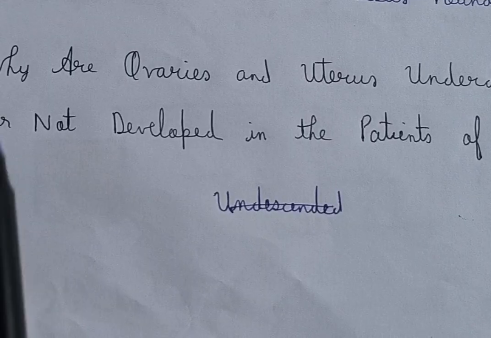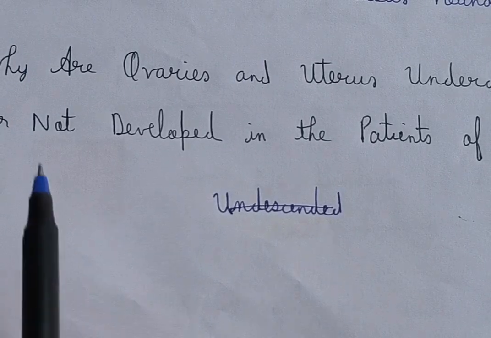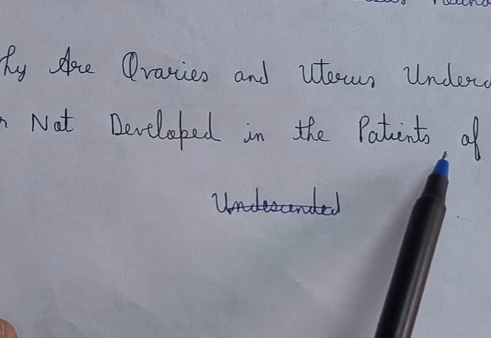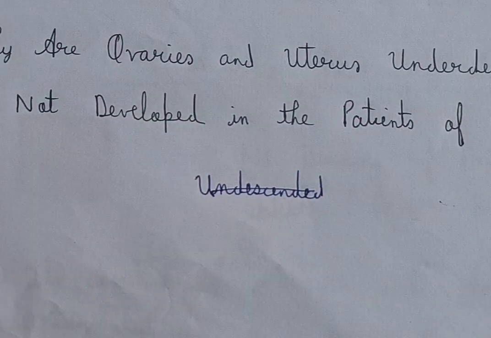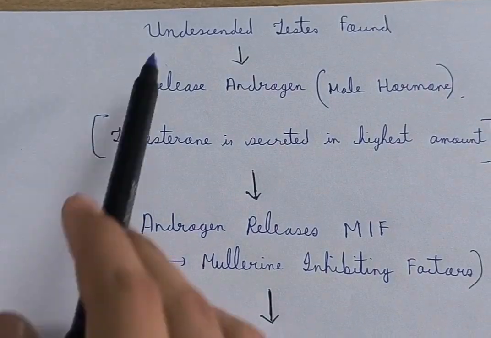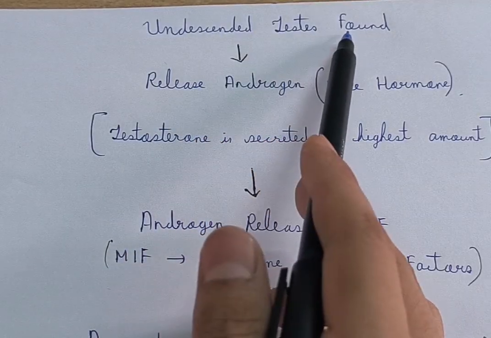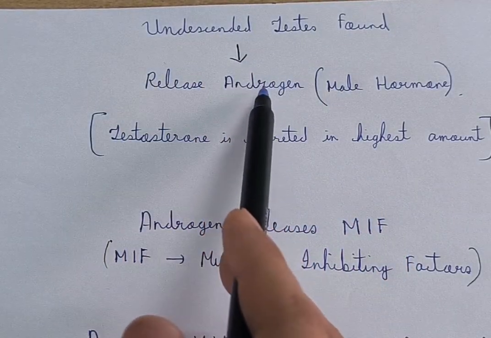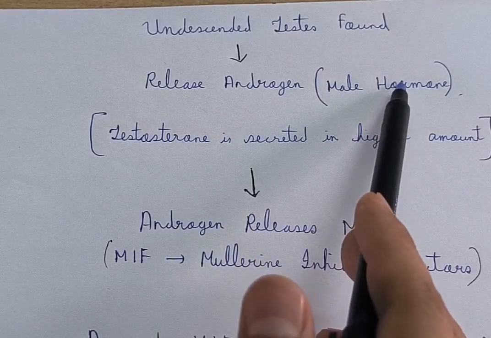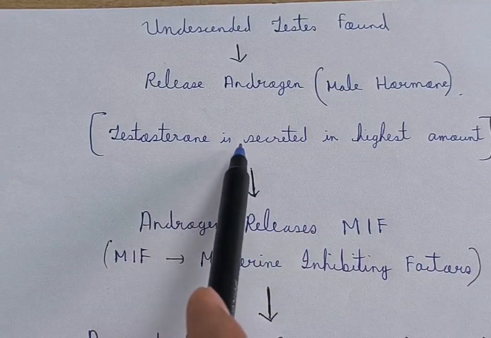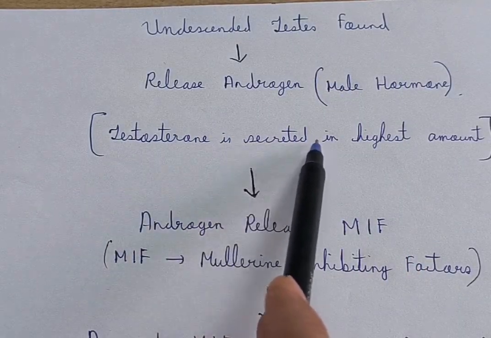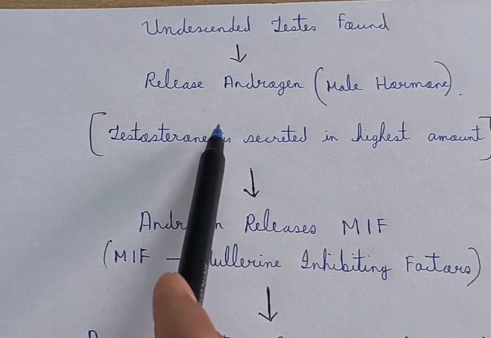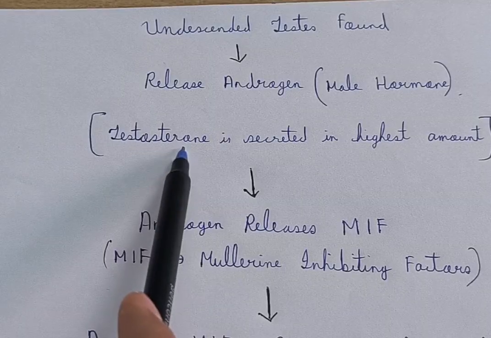So friends, now about the ovaries and uterus. See that the ovaries and uterus underdevelop or do not develop in the patients of AIS, that is androgen insensitivity syndrome. As you already know, undescended testes are found in such patients, and these undescended testes release androgens, and these androgens are the male hormones, and out of this, testosterone is the highest hormone secreted, 90 percent of the androgen is constituted by testosterone.